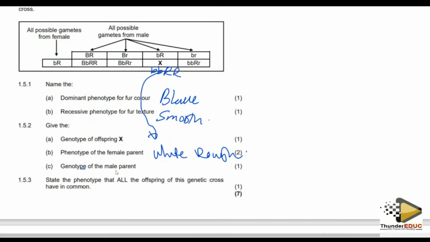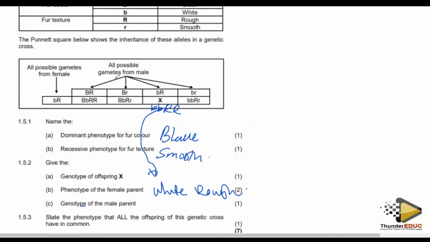The genotype of the parent male. Now you come here, male. They want the genotype. So how do I identify the genotype of this parent male?